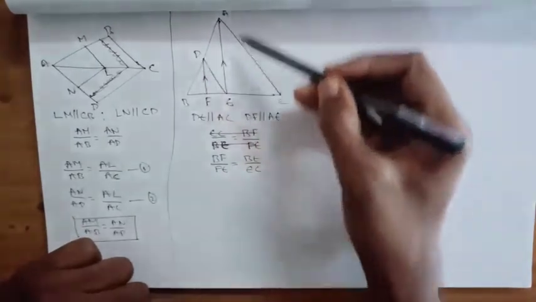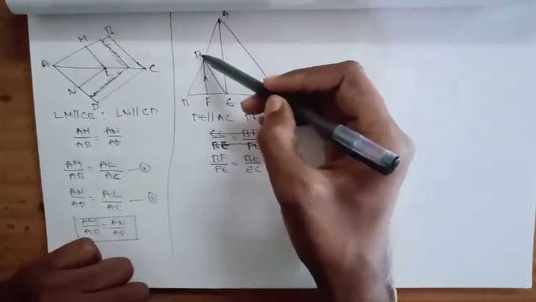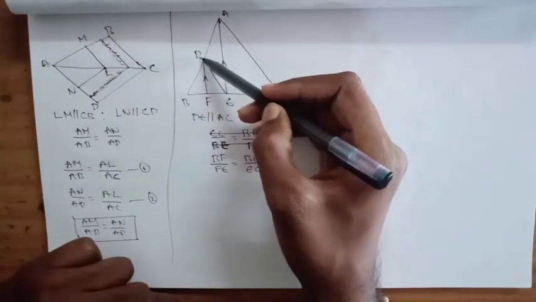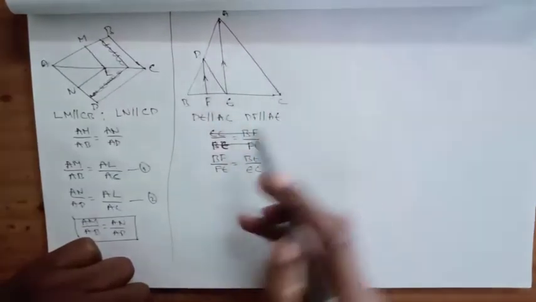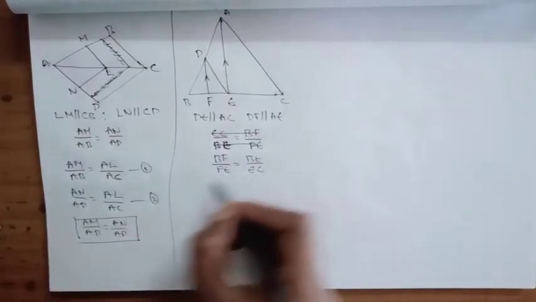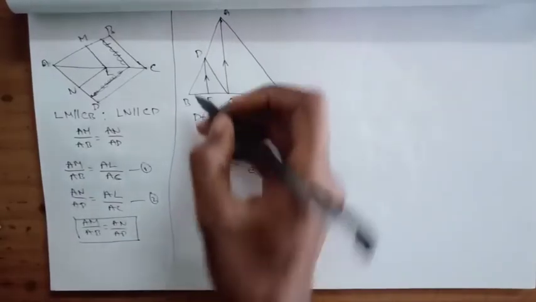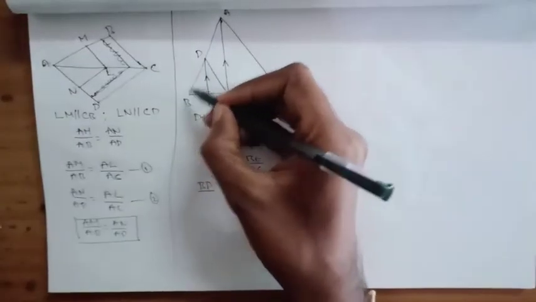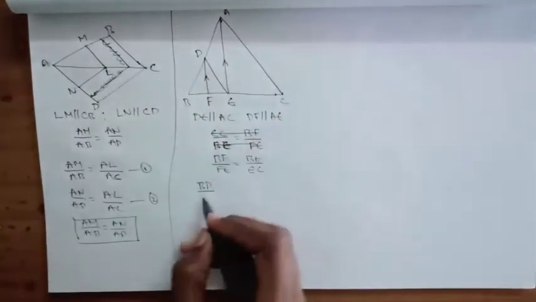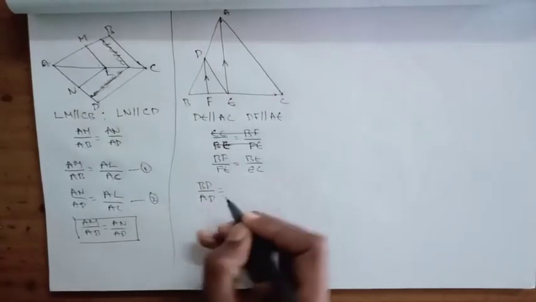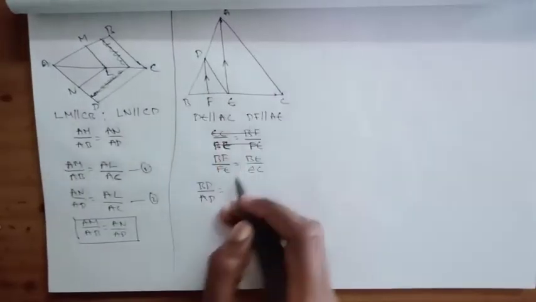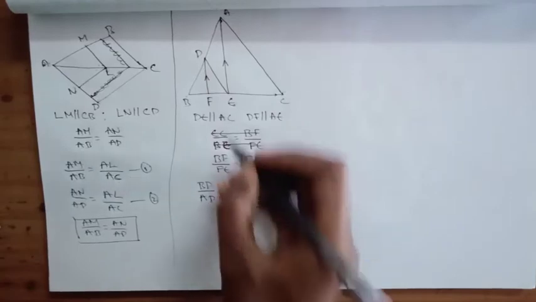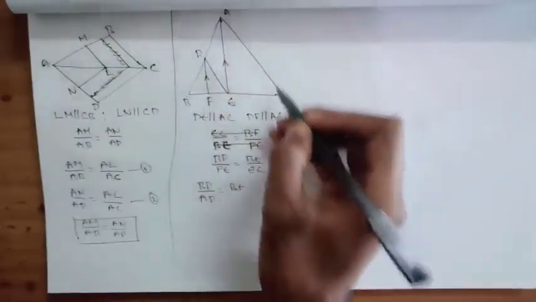From this concept we can write that BD by AD equals BE by EC. This is the first equation.